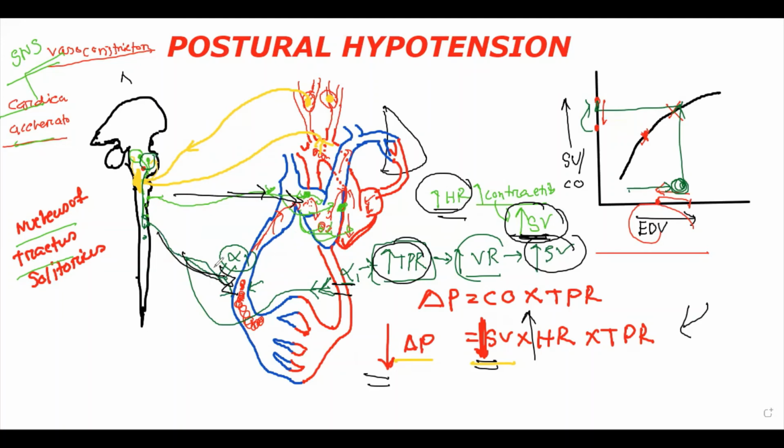Increased venous return means increased end-diastolic volume. Increased end-diastolic volume means increased stroke volume. So our stroke volume has increased, and our total peripheral resistance is also increased due to the arteriolar constriction here.